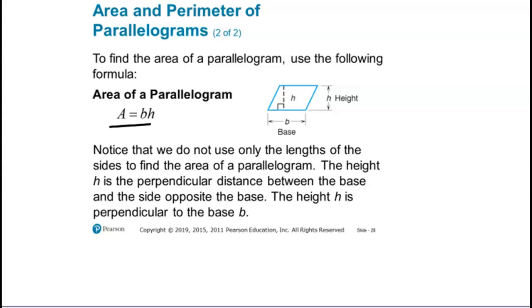The reason why is because if we have a parallelogram, two sets of lines that are parallel, this set of lines and this set of lines are parallel, and this set of lines and this set of lines are parallel.